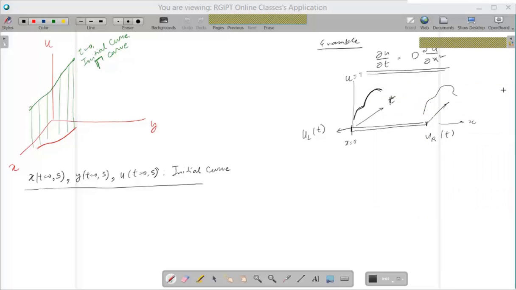Okay, so you have to be careful about identifying the variables. Right? So here, x and y, okay?